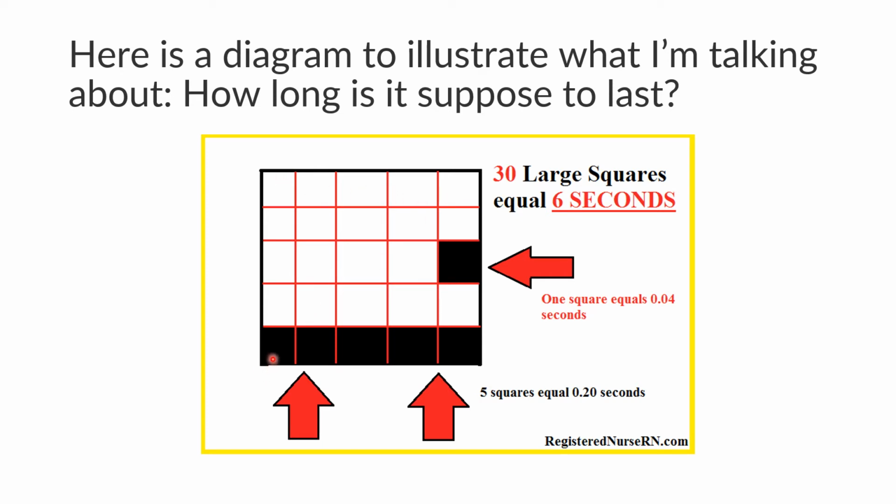The 5 of these boxes that are colored black here, 5 of them together, is equal to 0.2 seconds. One box is equal to 0.04 seconds. So let's do this here: 0.04, 0.04, 0.04, 0.04, 0.04. So 5 times 0.04 is equal to 0.2 seconds. So if you have a wave, let me see if I can draw something on here.